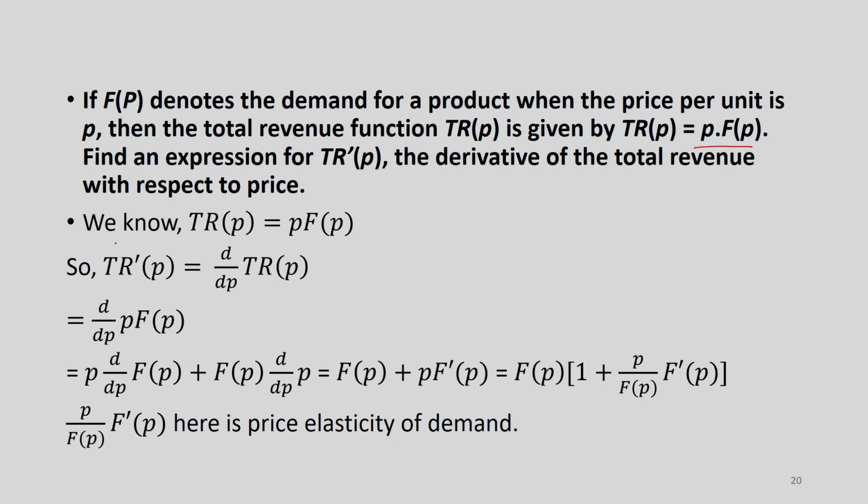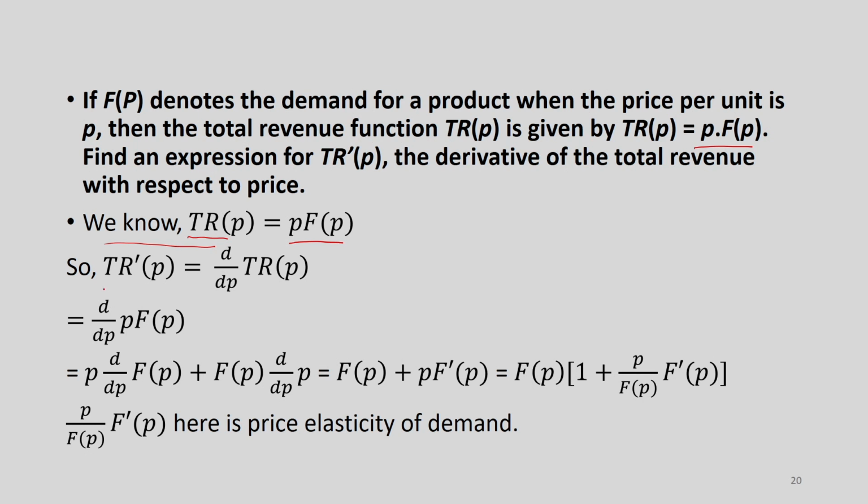We have started with Tr(p), we have used the definition: total revenue is equal to price multiplied by demand. Demand is given by F(p), so it is p multiplied by F(p).